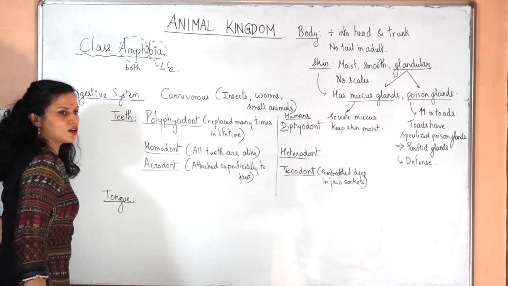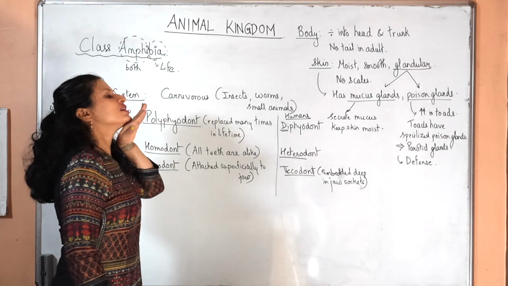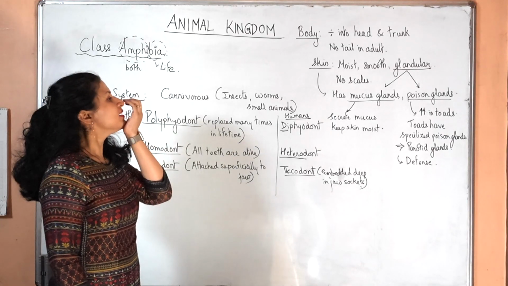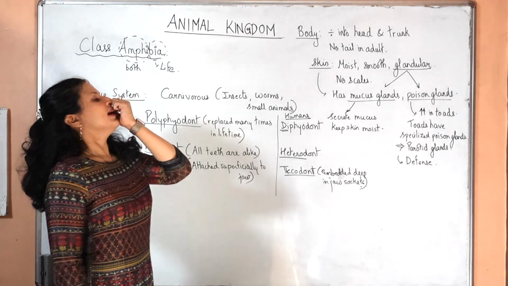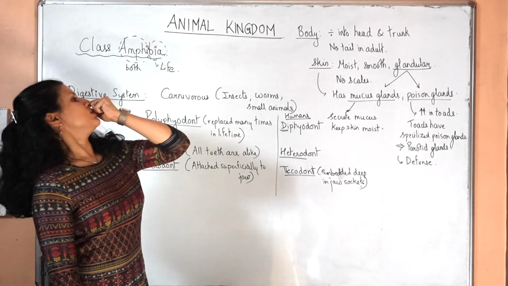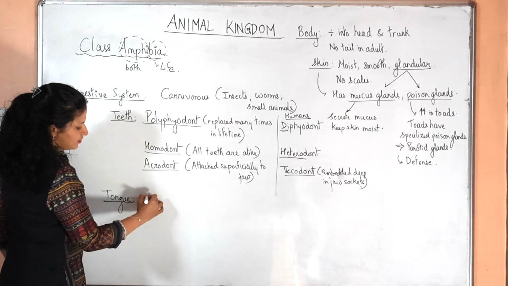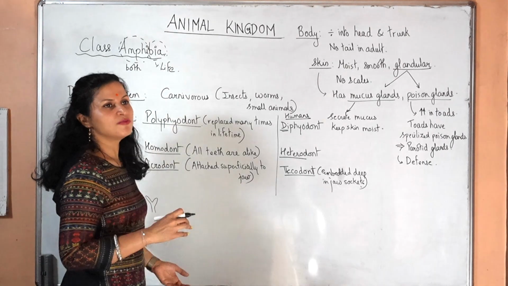Next, the tongue. Now if you talk about our tongue, it is posteriorly attached and anteriorly free. But their tongue is anteriorly attached and posteriorly free. It will be coiled like this, and wherever it sees a prey or an insect hovering around, it will just roll it out of its mouth and snap and bring it back. It is bifurcated in this manner and it is very sticky because of the presence of mucus in it.